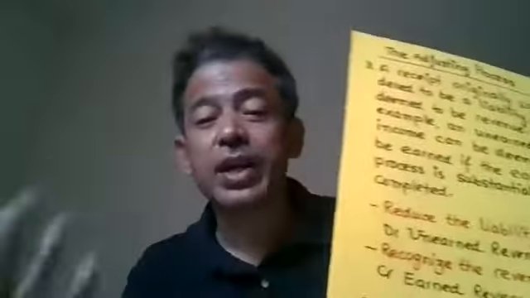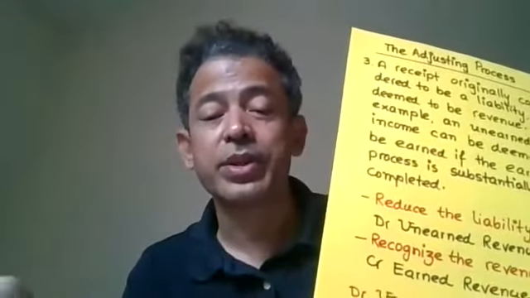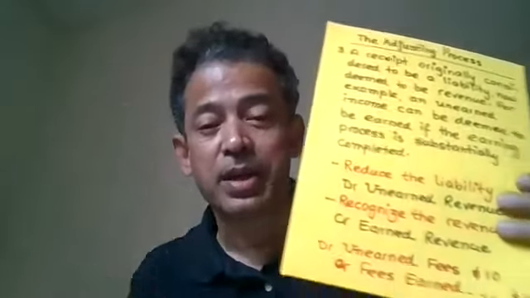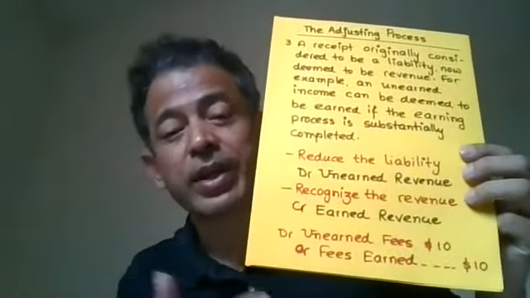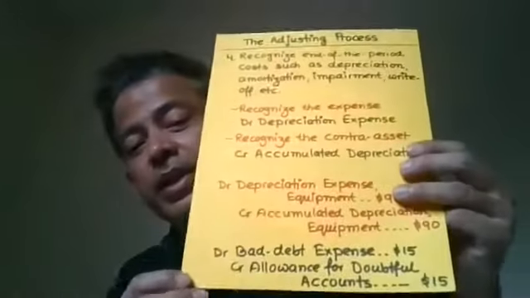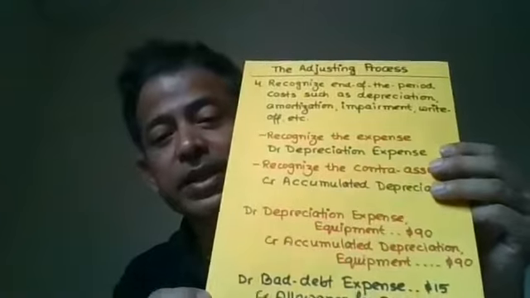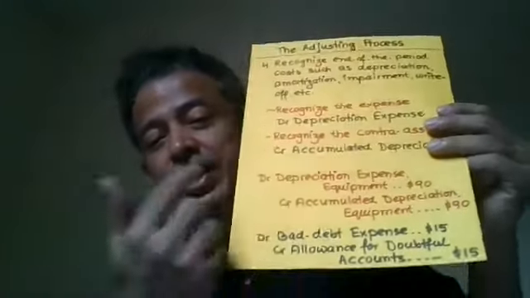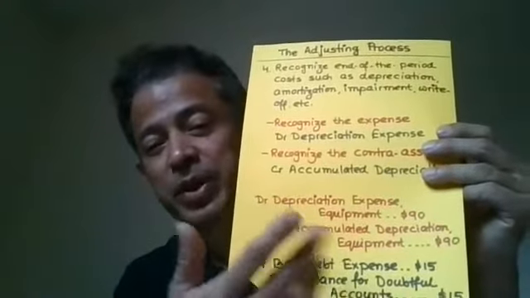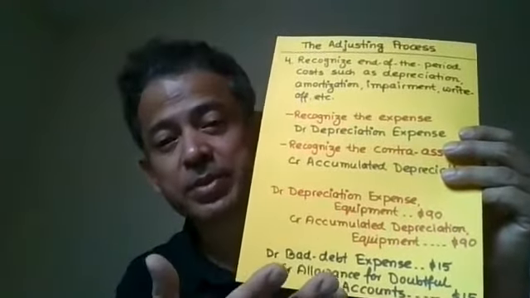Third one, a receipt originally considered to be a liability, now considered to be income. So debit the liability, reduce the liability, debit unearned fees or unearned income, credit earned income. And finally, the fourth one is for depreciation, amortization, impairment, write-offs. So debit the expense, depreciation expense or amortization expense.